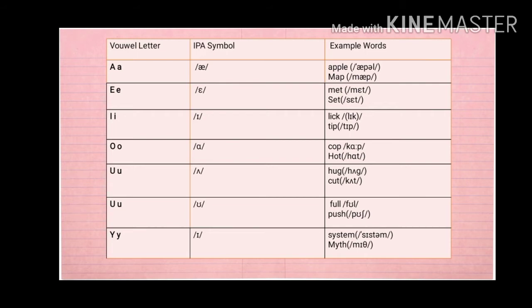Next is O. Example words, cup, hot. Next is A. Example words, hug, cut. Next symbol is U. Example words, full, push. And last symbol is E. Example words, system, math.